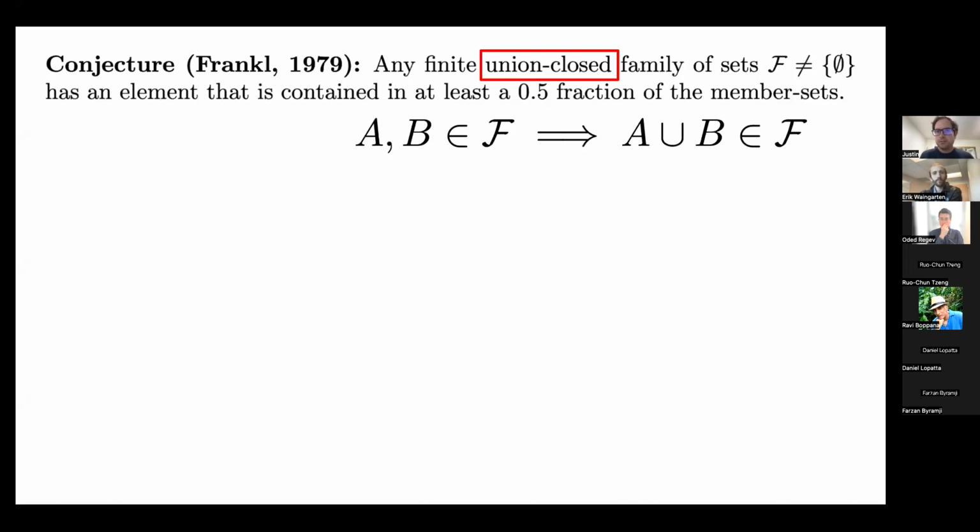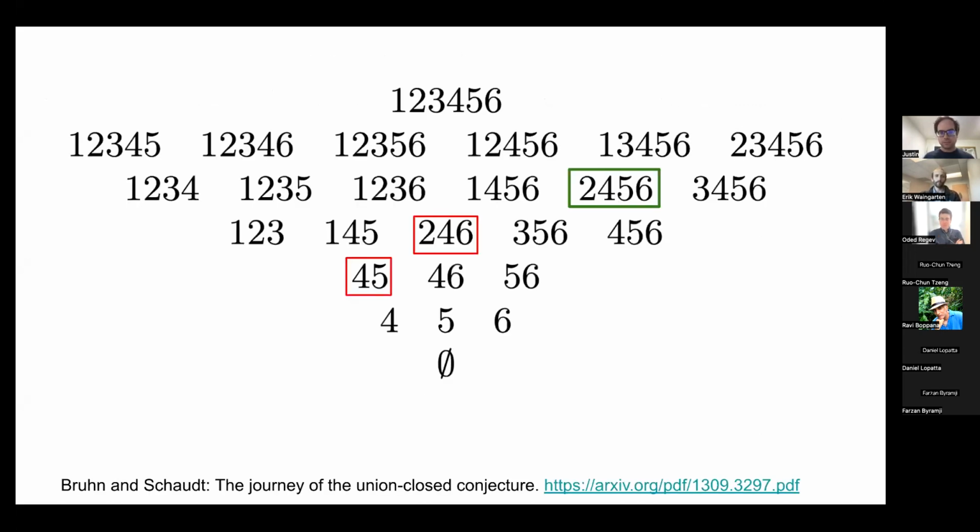What union closed means here is that for any pair of sets in our family, the union is also in the family. Let's just make sure we understand the problem. We'll give an example, which I took from a survey paper on the topic. This is a union closed family, and for any pair of sets here, you can check that their union is also in the family.